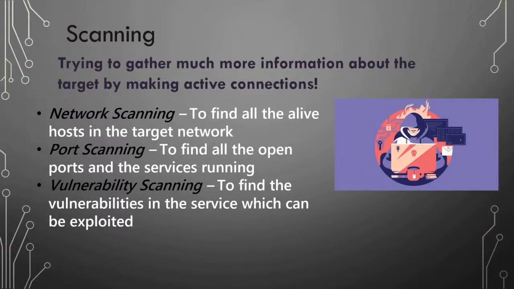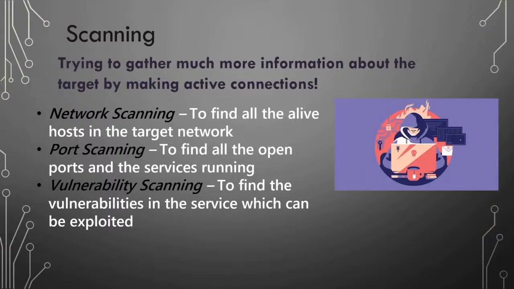On those devices, you then perform port scanning. Port scanning is where you try to figure out what ports are open, and on those ports, what services and applications are running. Then finally, you perform vulnerability scanning to figure out whether there are any vulnerabilities on those services. Are there any weaknesses that you can attack?